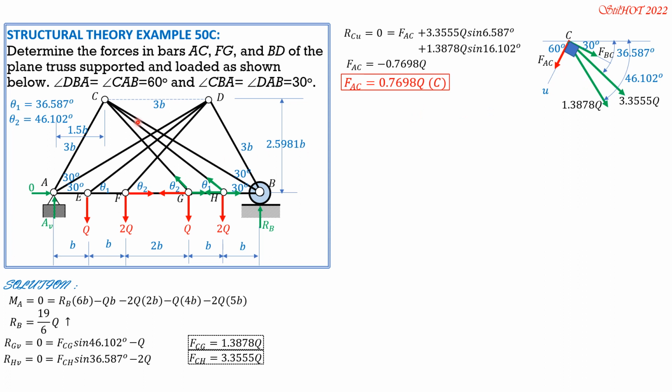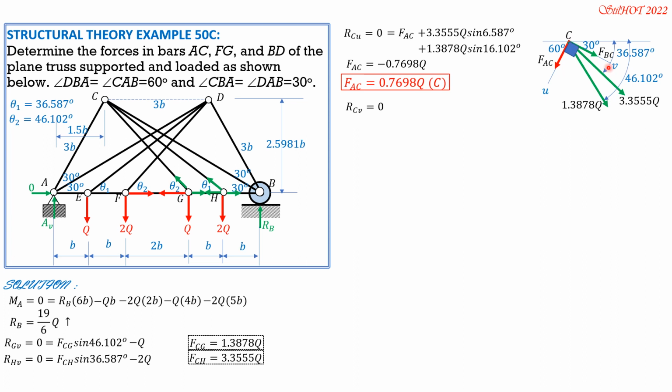Then we need F_BC, so that if we solve F_BC, we can now proceed to joint B. Then we can solve the force in F_BD, which is also required. So let's call this V axis, not vertical, but just V axis. So sum of forces along V equals 0.